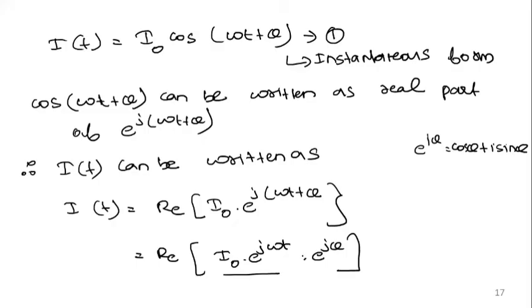The complex term I naught e raised to j theta, which results after separating the time factor e raised to j omega t, is called the Phasor form. This was together written as e raised to j omega t plus theta. The term obtained after removing the time factor e raised to j omega t is called the Phasor form.